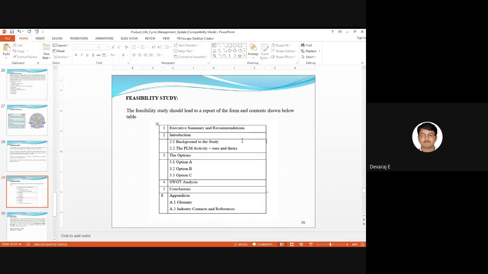First is executive summary and recommendation. If you're selecting a product, if you go for new product development, initially we should see from the last 2 years what type of product they manufacture. That is called the executive summary.